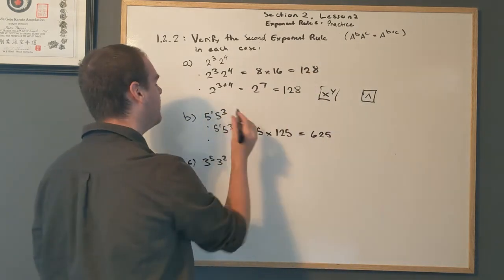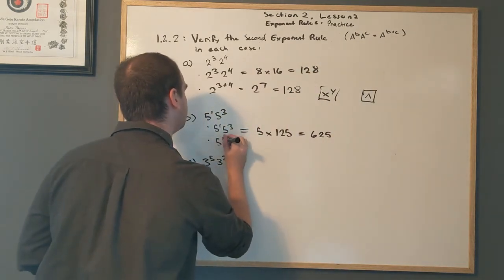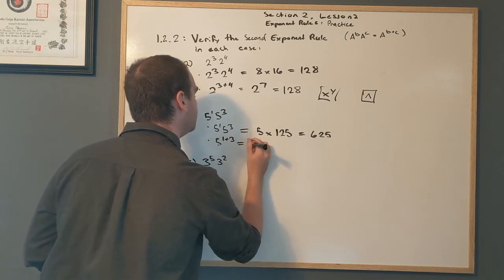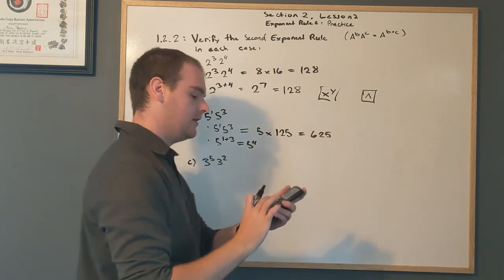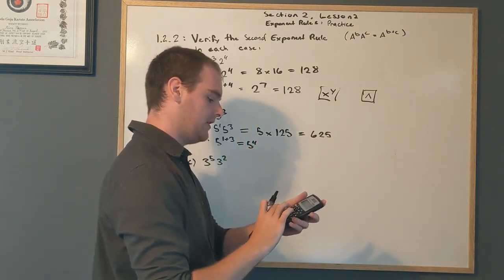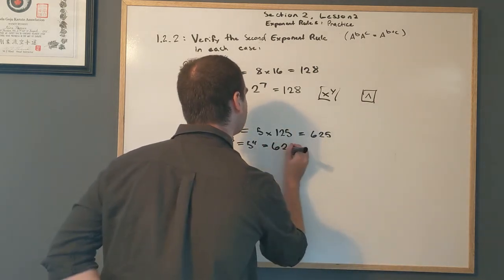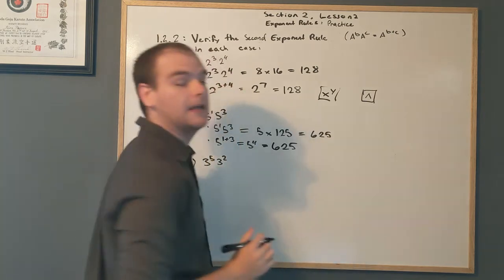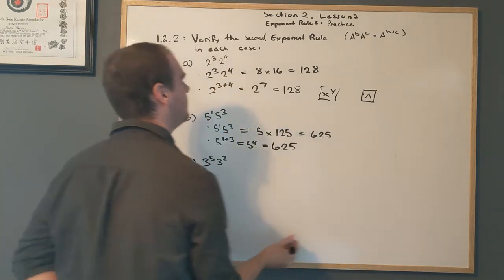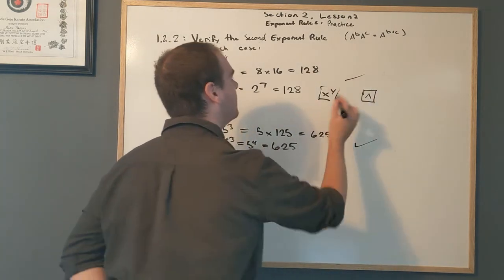Now the rule where we add the two exponents, 5 to the 1 plus 3 is 5 to the 4. Plug that into our calculator, 5 to the 4 equals 625. Verified.